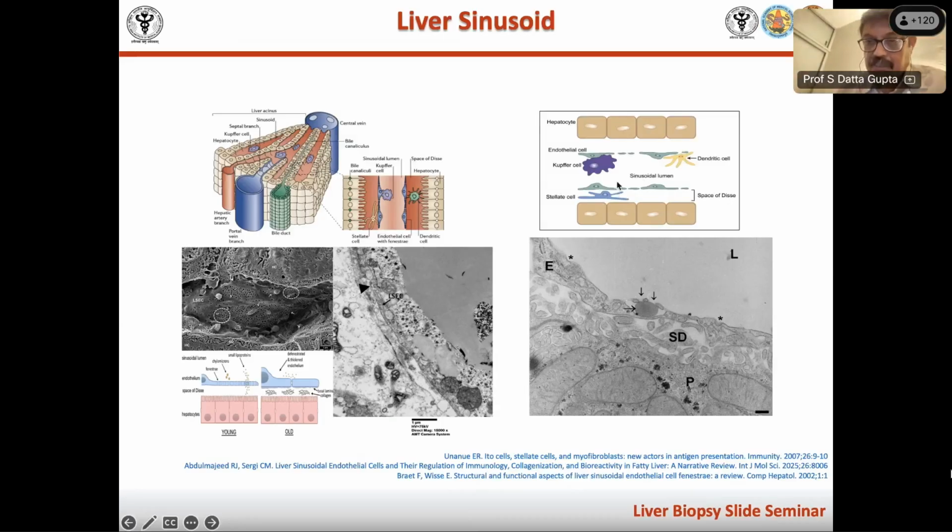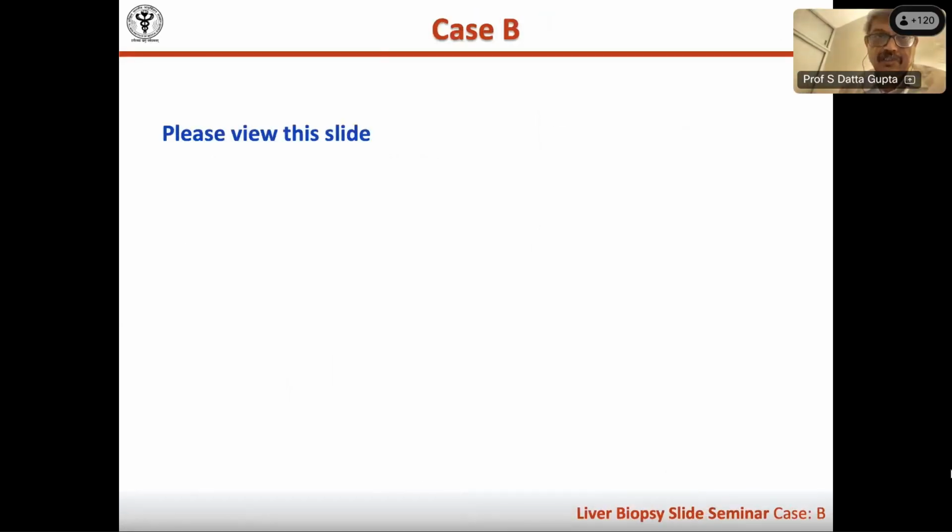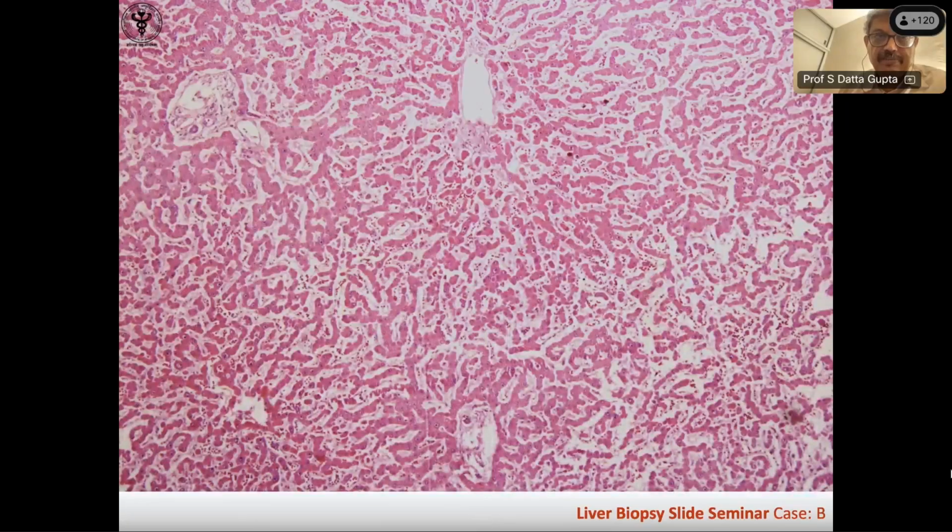The rest are found there. Okay, that's clear. Very good. View this slide. Open to all, especially the residents. You can find out these two structures. Good.